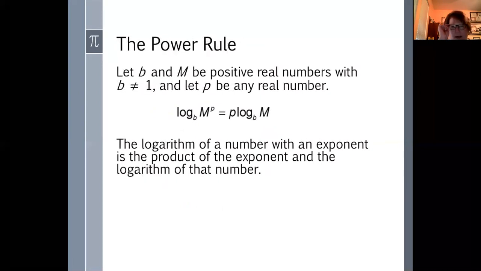All right, the next rule or property we have of logarithms is called the power rule. Let b and m be positive real numbers with, again, b cannot equal 1, and let p be any real number.